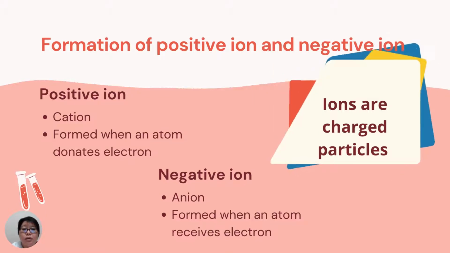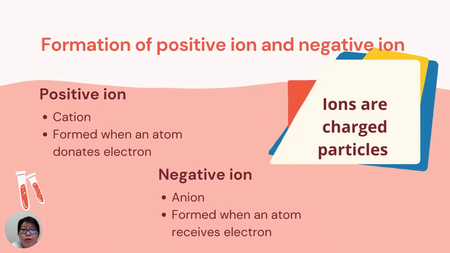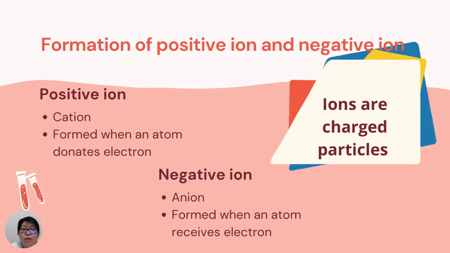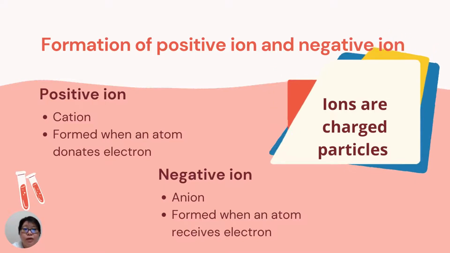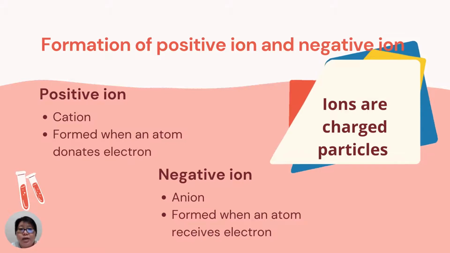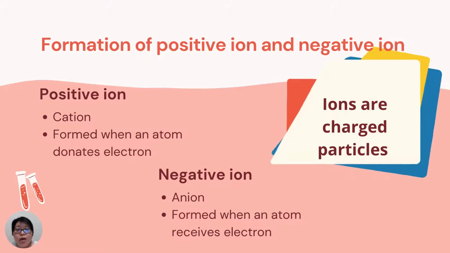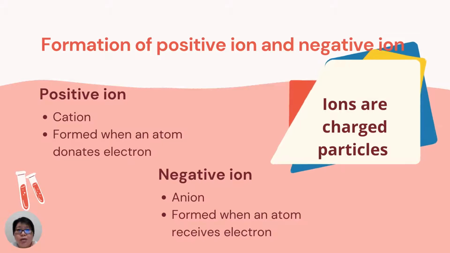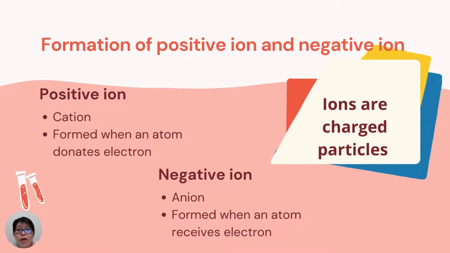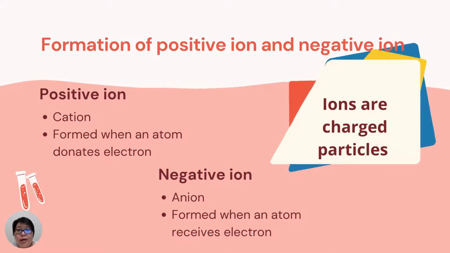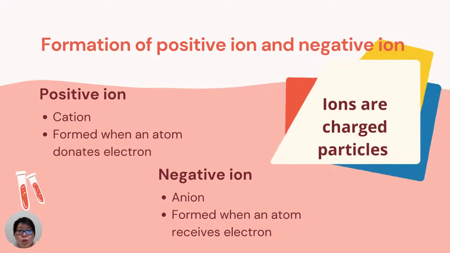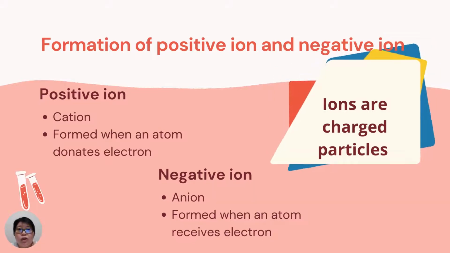Now, what about negative ion? Negative ion is actually an anion. And how is anion formed? It is formed when an atom again, but this time it receives electron. An atom will either donate electron or receive electron.